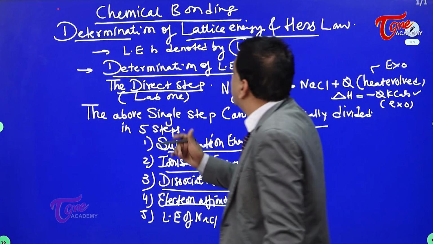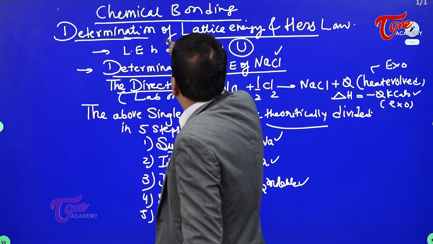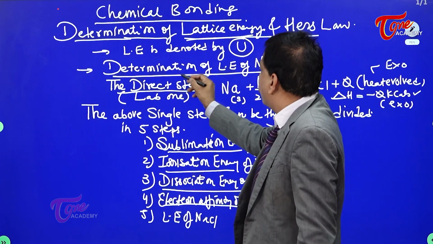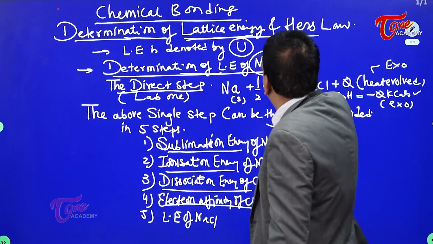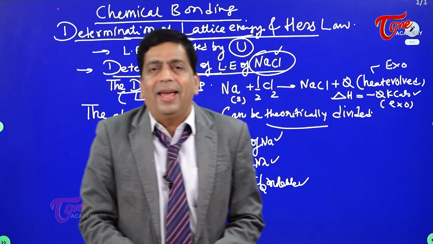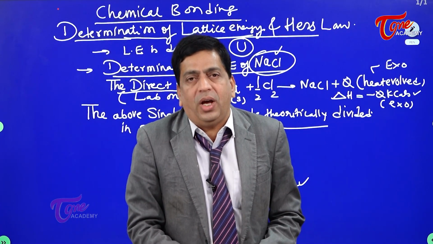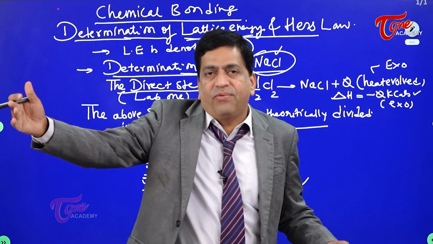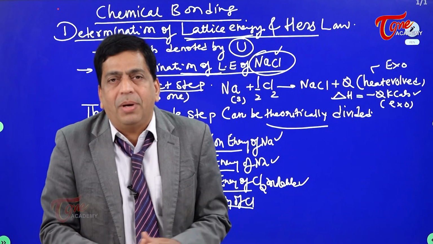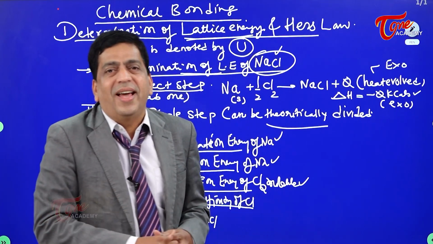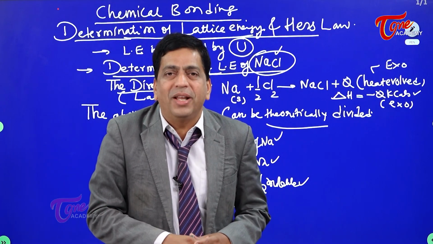Basically, what we are doing is determining the lattice energy. More specifically, we are trying to determine the lattice energy of NaCl. Is there a procedure? Is there a way? The answer is yes. We have a way. For that, go to the lab first, prepare the ionic compound, and then come back and discuss how this ionic compound is formed in your own way.